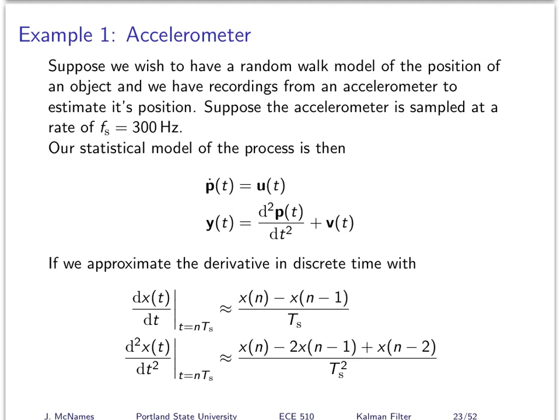And then for the measurements here, I'm assuming what we can measure is the output of the accelerometer. This is ignoring gravity for the time being. So we get a measure of the second derivative of the position with respect to time plus some additive noise.